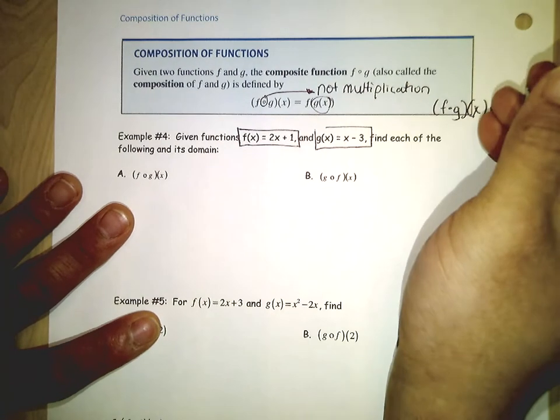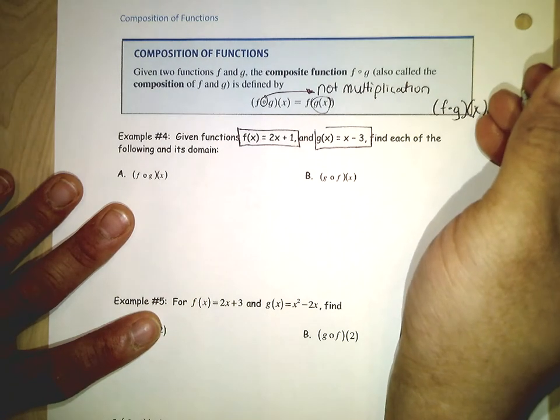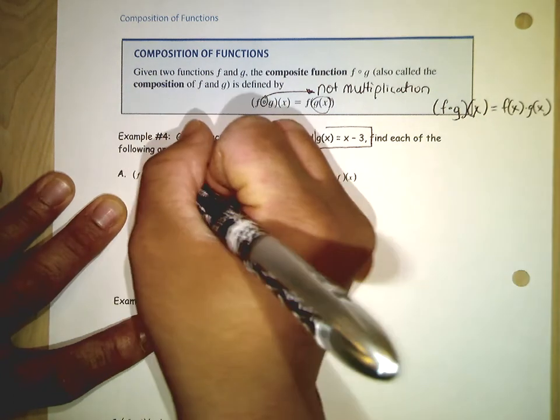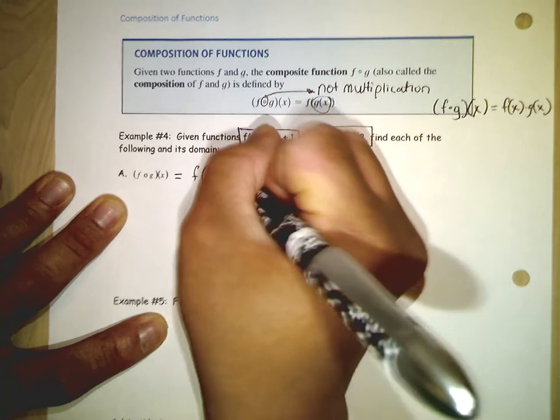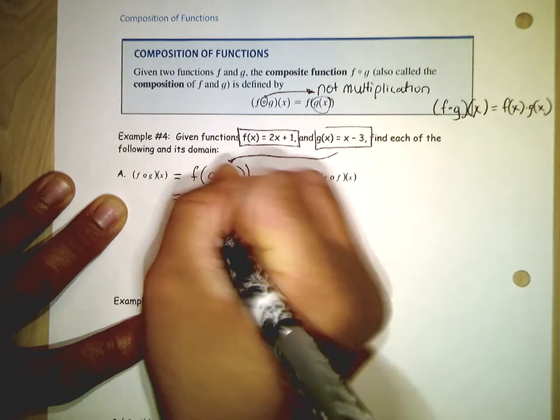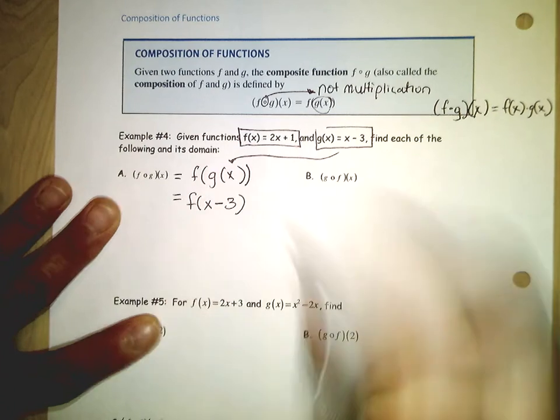Given functions f of x equals 2x plus 1 and g of x is x minus 3, find each of the following and its domain. So f of g of x means, again, to substitute g of x into f of x.